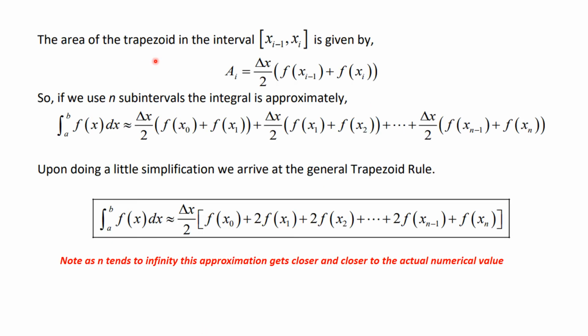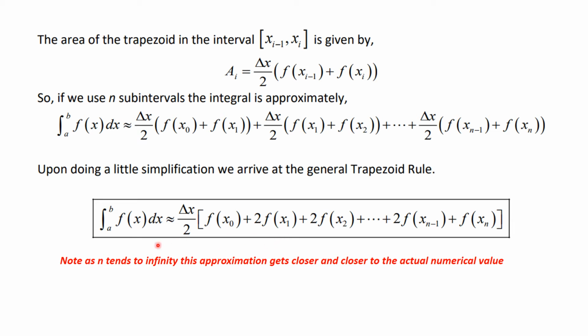Let's look at how this will work. The area of each of the trapezoids is the height of the trapezoid divided by 2 times the sum of the bases. If we use all of them, we add up all these trapezoids. And if we reorganize this, we see that, for example, f of x sub 1 appears here, but it also appears here.